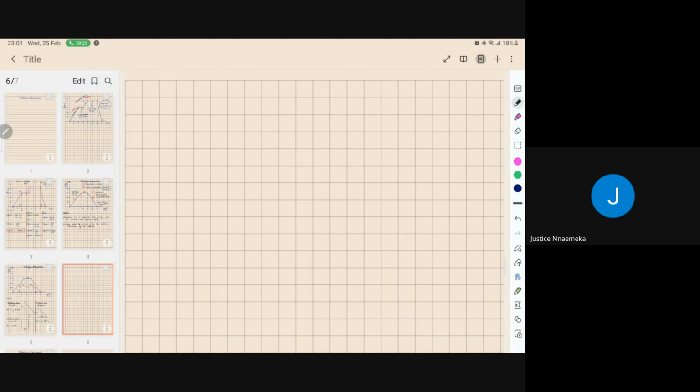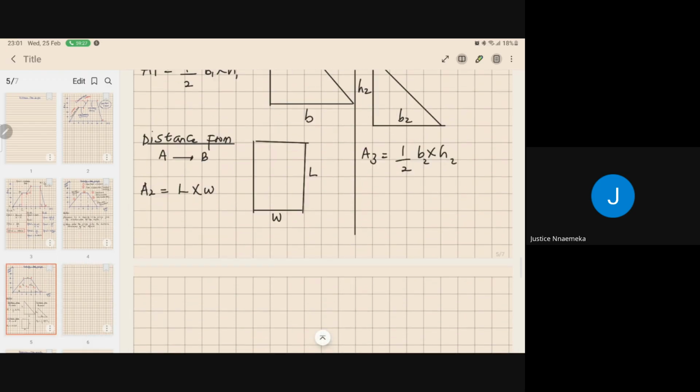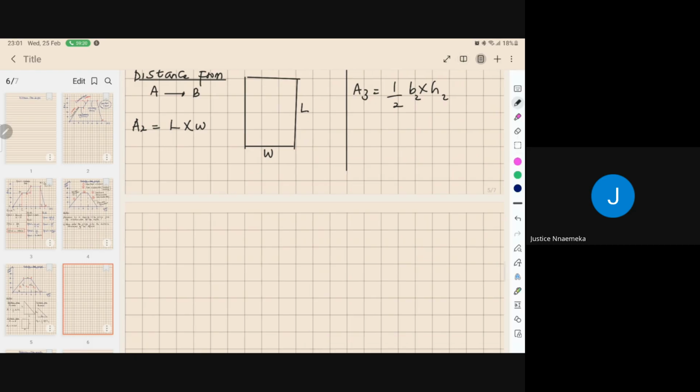What you are going to do for the total distance traveled for the entire journey will now be equal to A1 plus A2 plus A3. Are you seeing it now? When you add the areas together, you are getting the total distance traveled.